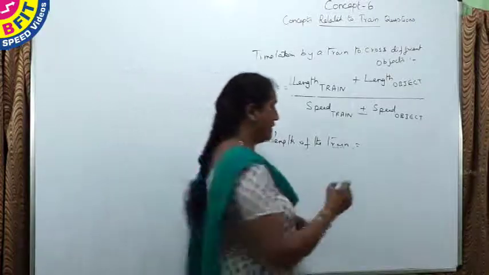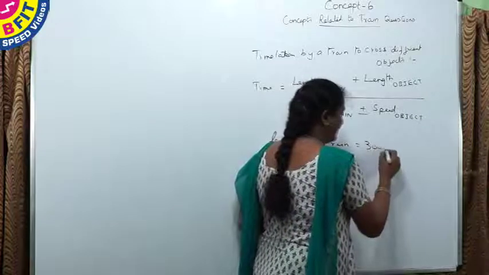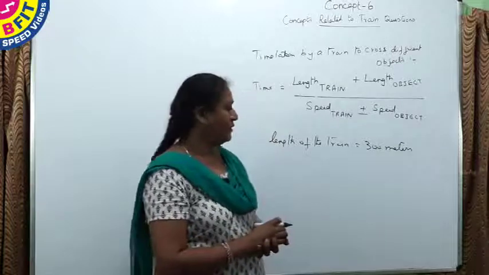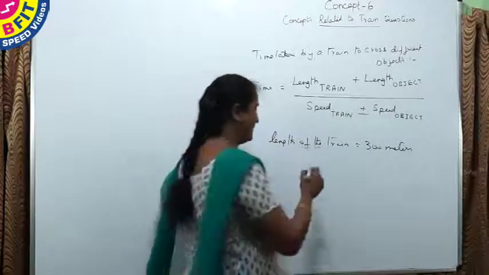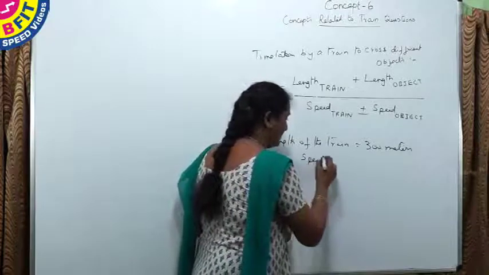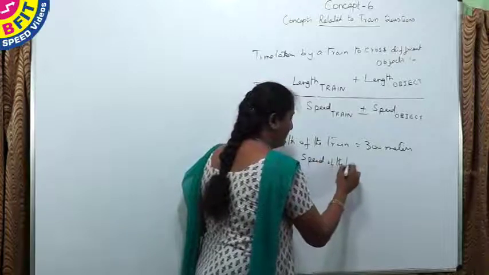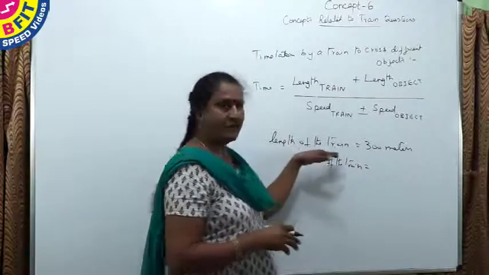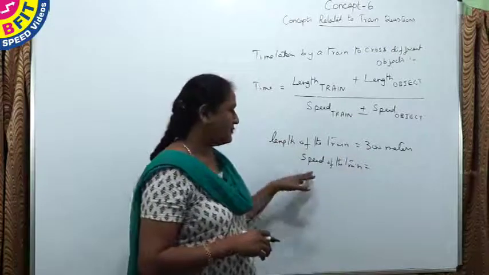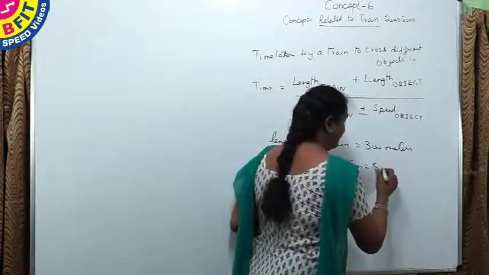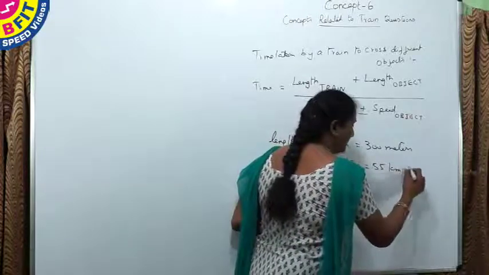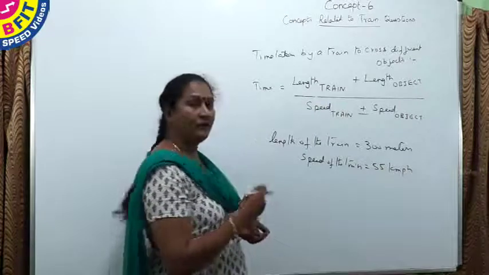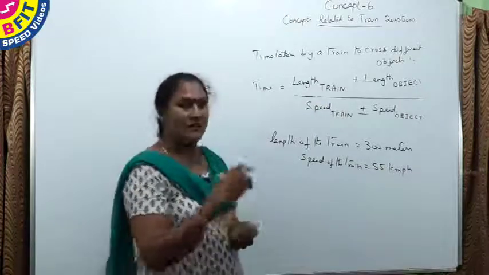So length of the train is 300 meters. This train is moving with a speed of 55 kilometers per hour. So suppose the question data is length of the train is 300 meters, moving with the speed of 55 kilometers per hour. This train is crossing a man who is walking in the opposite direction in which the train is moving.